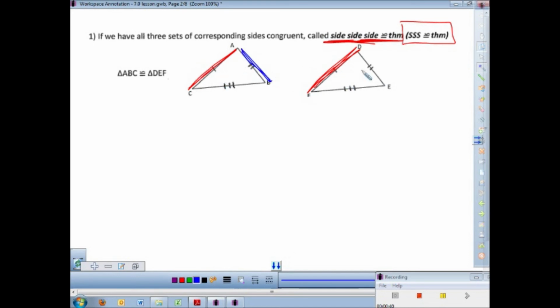Then you've got these blue set of sides, and you've got these green set of sides. You have to have 3 different sets of sides that correspond to each other, and they're also congruent. That's enough information to prove that those 2 triangles are congruent, and how we write it down is side-side-side congruence theorem. That says that those 2 triangles would have to be the same size, same shape. So that's one way we'll know.